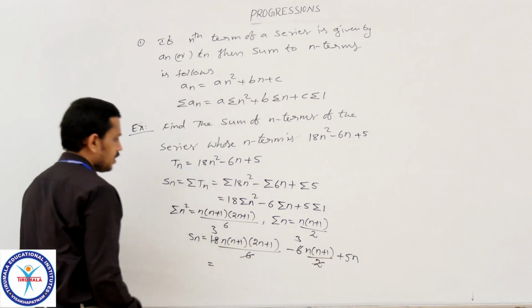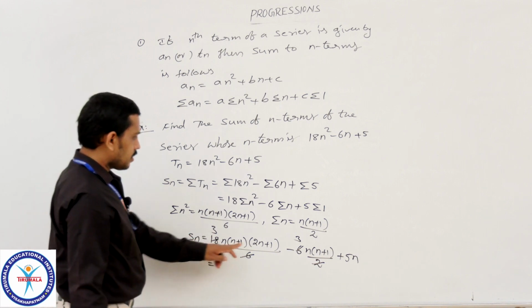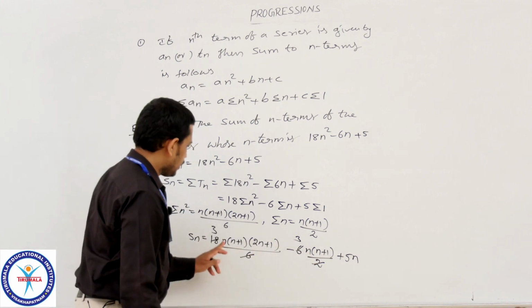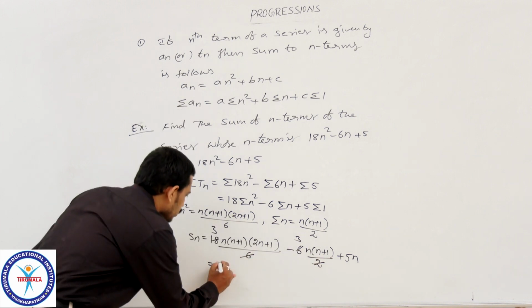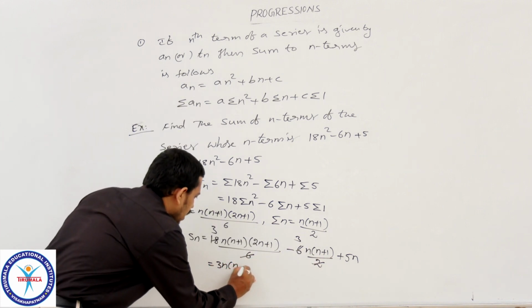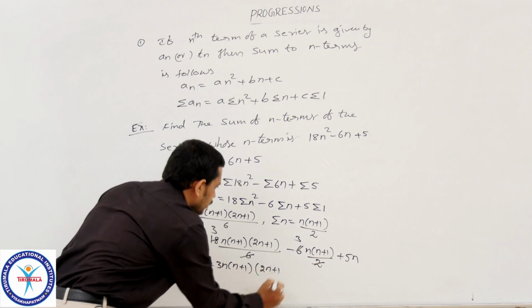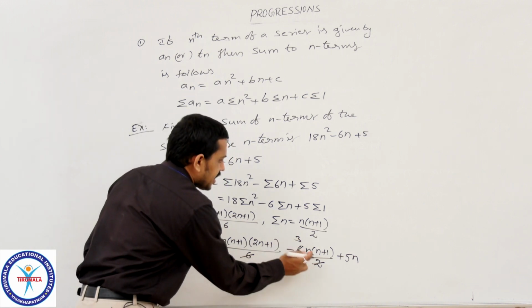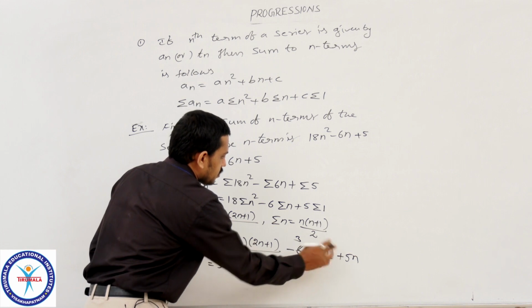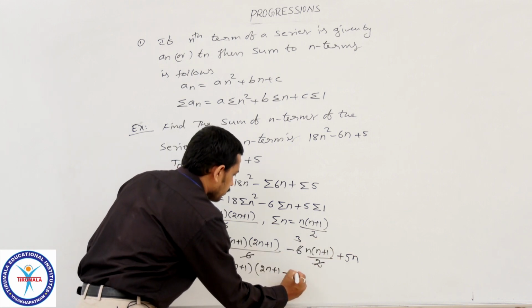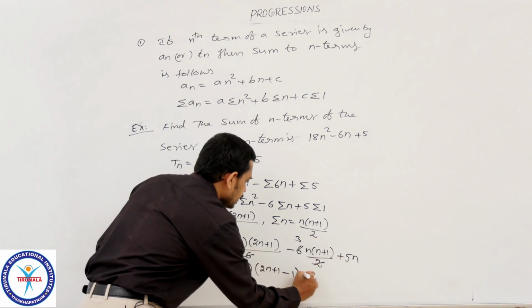Then from this, we have 3n and here also 3n, and n plus 1, n plus 1. So take 3n into n plus 1 common. Then we have 2n plus 1 minus 1 remaining, plus 5n.